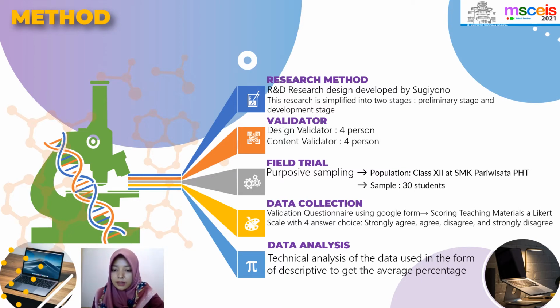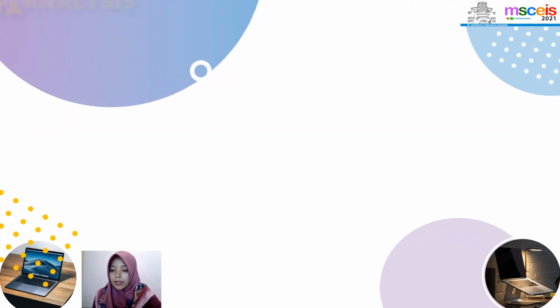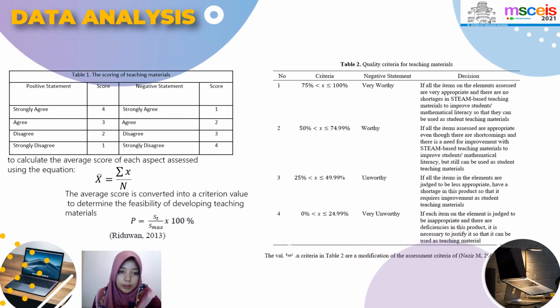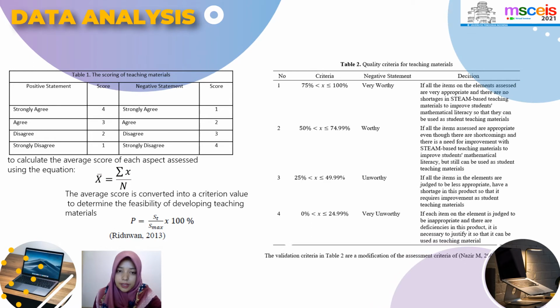The technical analysis of the data used is descriptive, to get the average percentage. Let's see the data analysis in table 1 about the scoring of teaching material on the Likert scale, and then calculate the average score of each aspect assessed using the equation here.